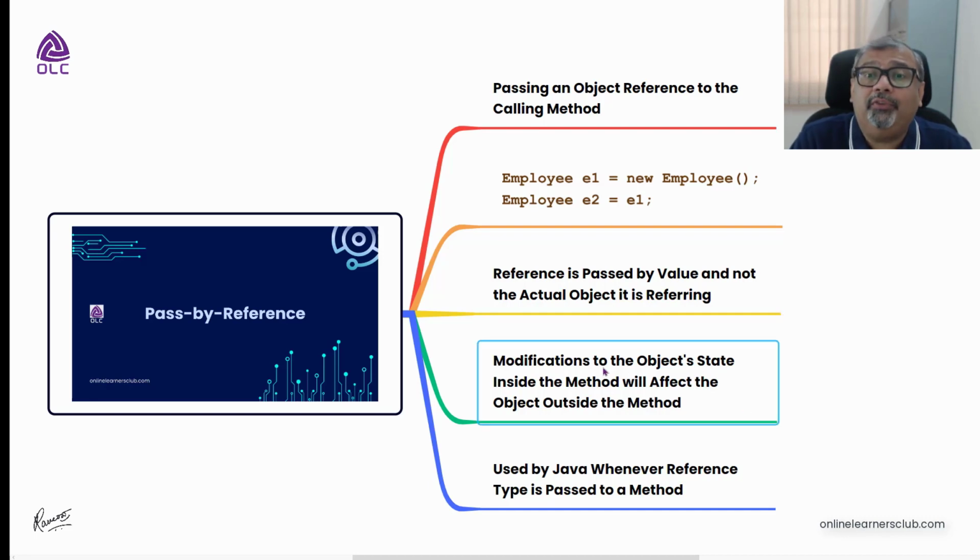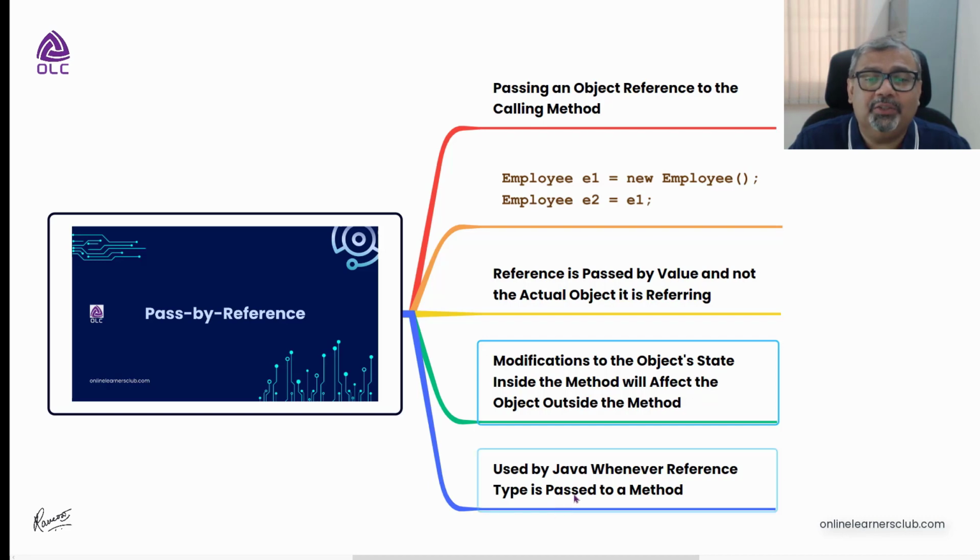So whenever we modify the object's data, or in other words the object's state, inside the method, whether e1 dot some method or e2 dot some method is invoked, both are the same because it is invoking the method on the same employee object. Similarly, any changes you make through the passed reference will affect the object's state outside the method as well.